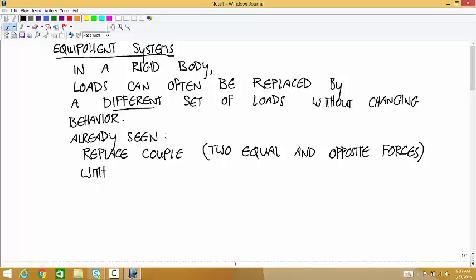And we do that every time, so we start to think of a couple as actually just being a moment. But remember, the couple is the pair of forces. We replace it with the moment. We treat it like a moment because it doesn't change the behavior, and it's easier to deal with. Okay.